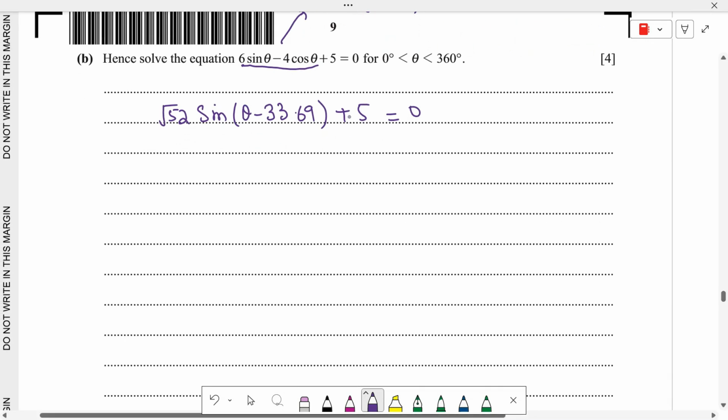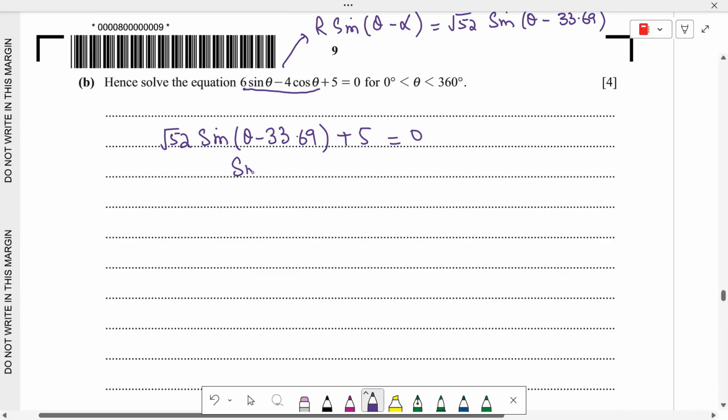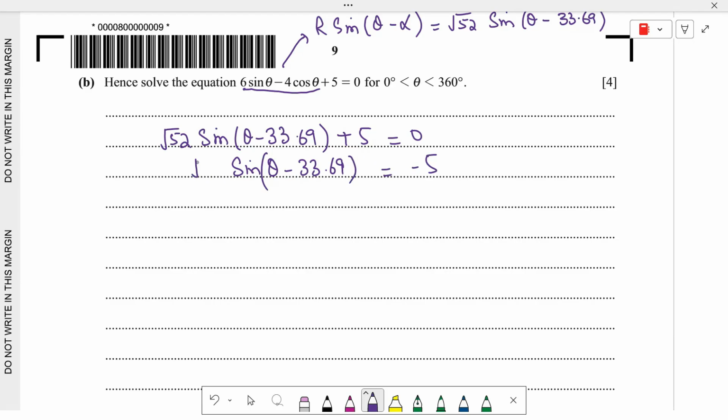When we move positive 5 to the right side, we have root 52 sine (theta minus 33.69) equal to negative 5. So sine (theta minus 33.69) is equal to negative 5 over root 52.